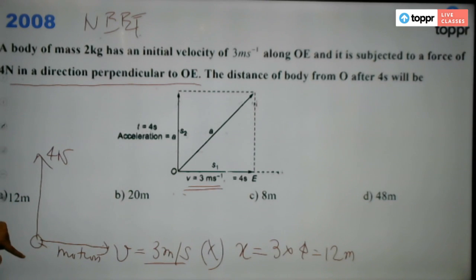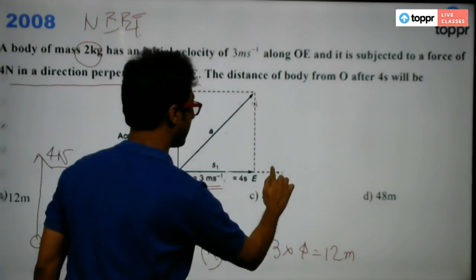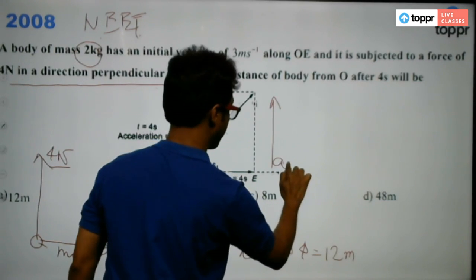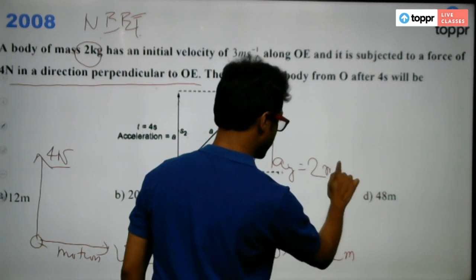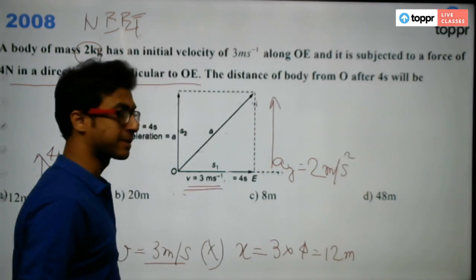Now we have to see what is the displacement along the y direction. Along the y direction, force is 4 Newton. What is the mass of the body? Mass of the body is given 2 kg. So what is the acceleration in the y direction? Acceleration is nothing but 4 by 2, that is 2 meter per second square.